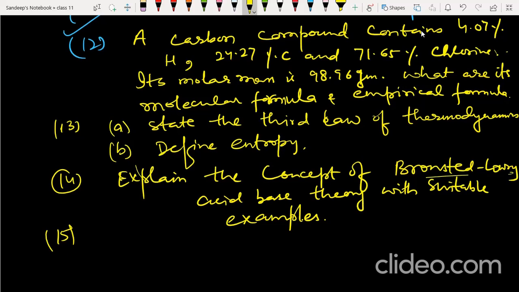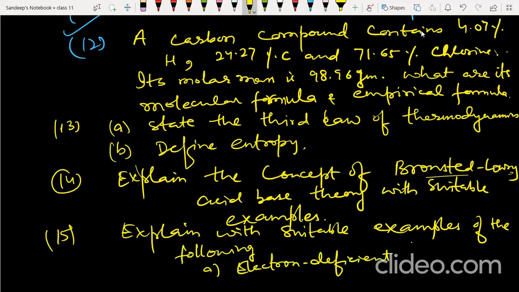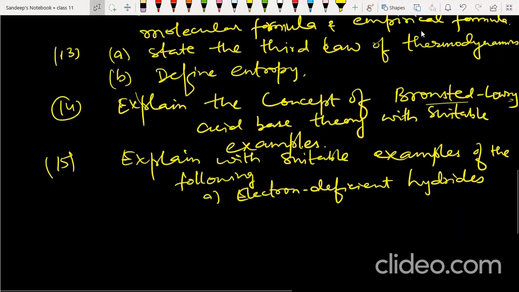They can ask question 15: explain with suitable examples the following, electron deficient hydrides and electron-rich hydrides. You have read the hydrides; there is a video on my channel on hydrides. There are 3 types of hydrides: ionic or salt-like hydrides, covalent hydrides, and third, metallic hydrides, also called non-stoichiometric hydrides.